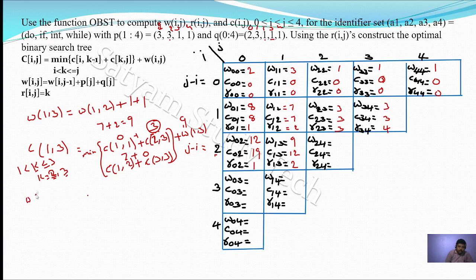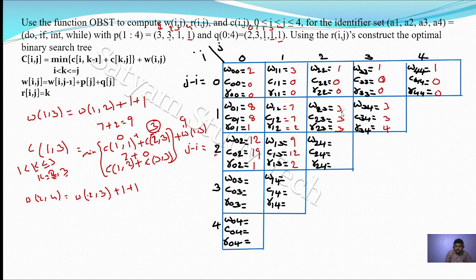Now likewise here you can find out w of 2 4. So w of 2 comma 4 is equal to w of 2 comma j minus 1, that is 3, plus p of 4. What is the p of 4 value? Here it is 1. Q of 4 value is also 1. So 1 plus 1. What is the w of 2 3 value?